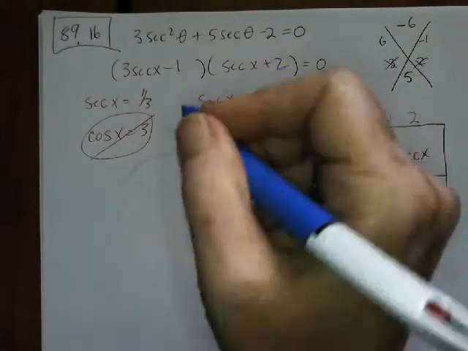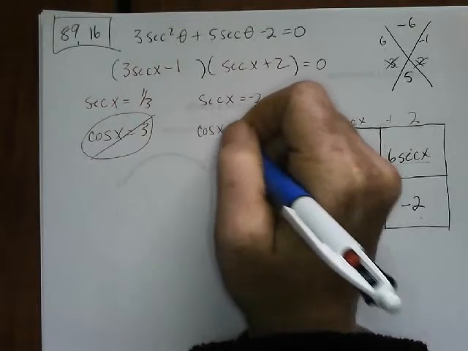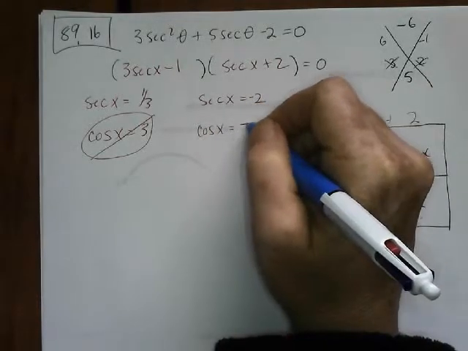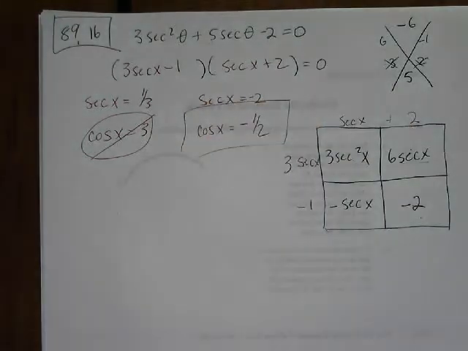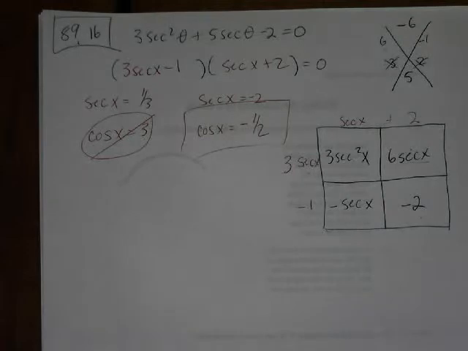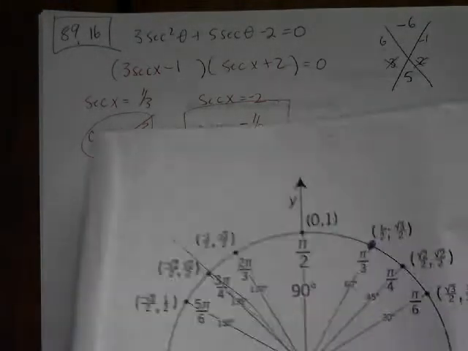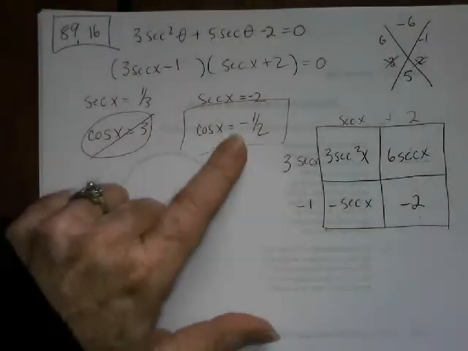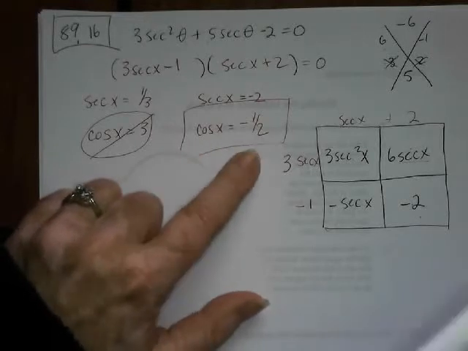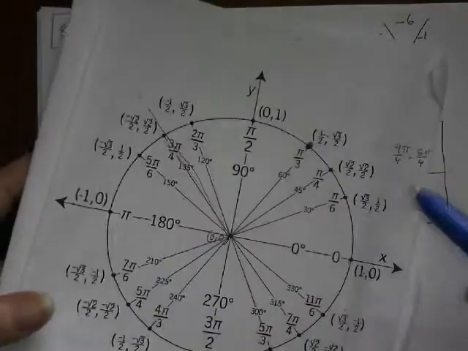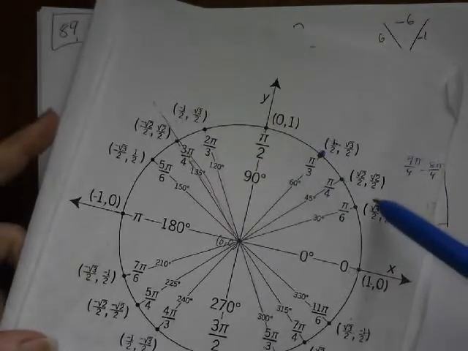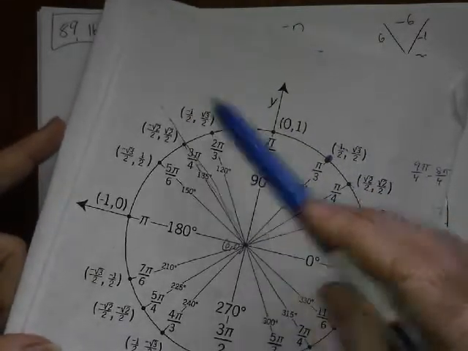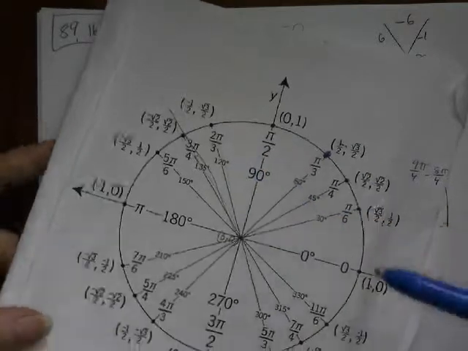So this one would give me cosine x equals negative 1/2, and I know I can, so I gotta get x by itself so I can inverse cosine both sides. So basically I can just whip out my unit circle, find out the angles where cosine x equals negative 1/2. Cosine is the first of the ordered pairs, so cosine looks like it's going to be a negative 1/2 at 120.